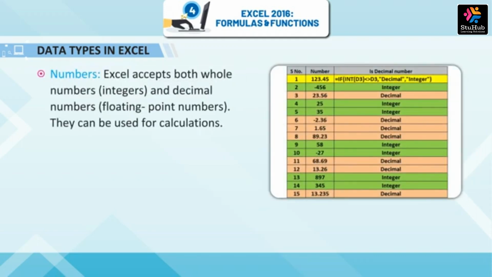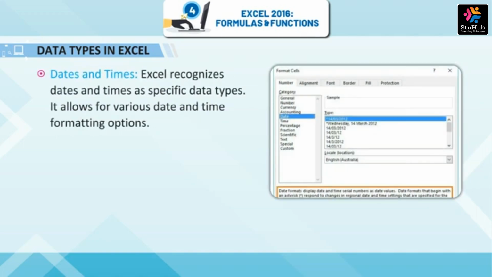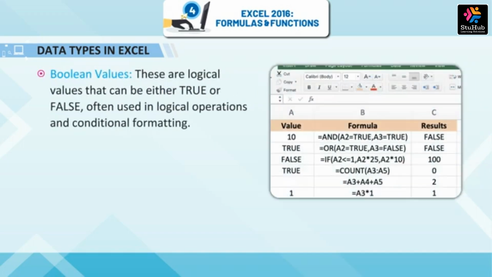Numbers. Excel accepts both whole numbers, integers and decimal numbers, floating point numbers. They can be used for calculations. Dates and times. Excel recognizes dates and times as specific data types. It allows for various date and time formatting options. Boolean values. These are logical values that can be either true or false, often used in logical operations and conditional formatting.